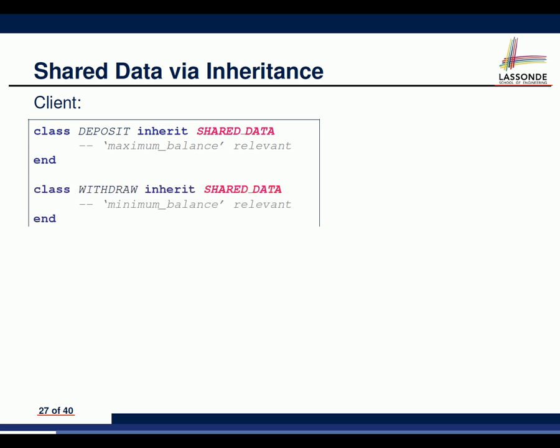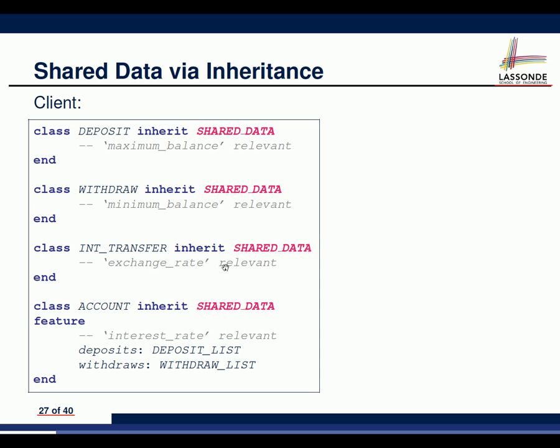On the other hand, withdrawal also inherits from the same shared data class, whereas withdrawal should only care about the minimum balance, so that an invariant like balance larger than or equal to 0 can be satisfied. Let's say we also got another class called international transfer, which also inherits from the same shared data class, but international transfer maybe only cares about exchange rate at the moment, or something similar. Not really everything that's in the shared data.